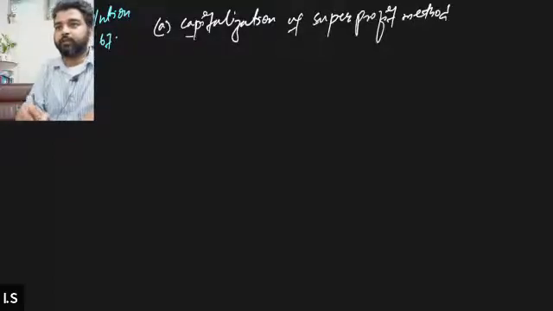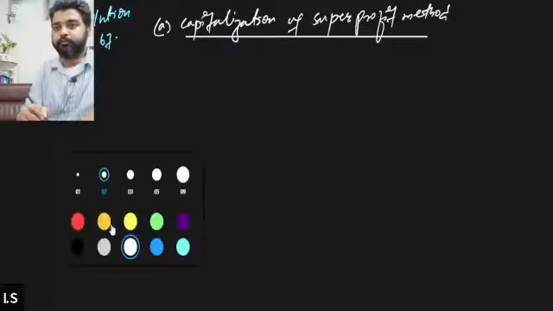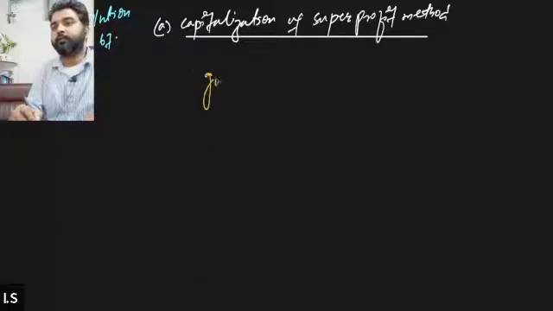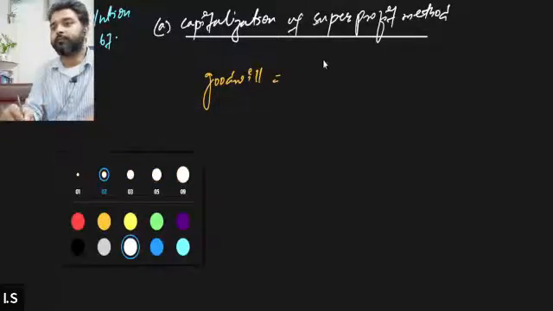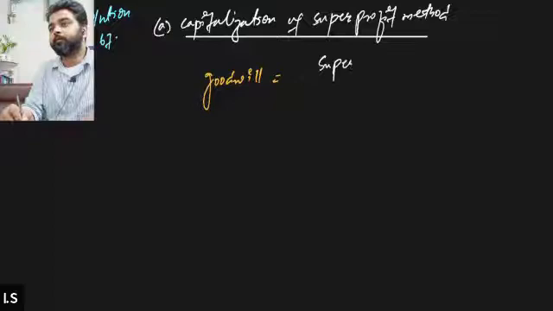In the last session, I told you the formula used for calculating goodwill under the capitalization of super profit: value of goodwill equals super profit divided by, tell me, divided by?